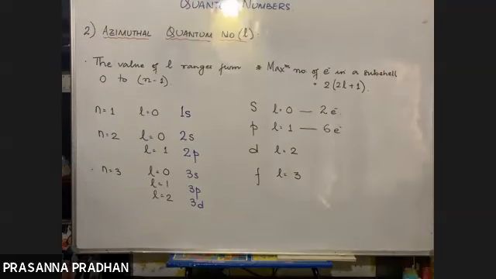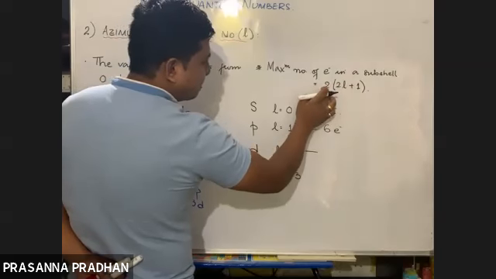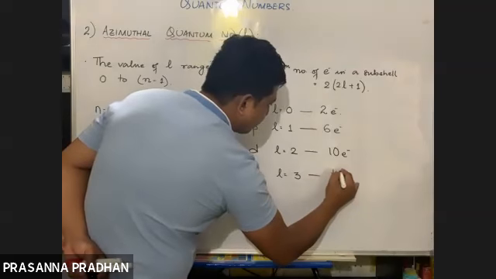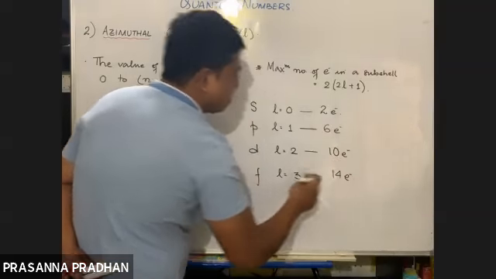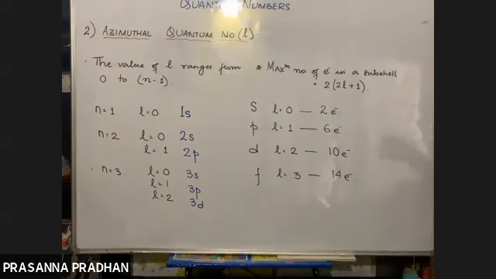D, 10. 2 times 2, 4 plus 1, 5, 5 times 2 is 10. F, 14. In F a maximum of 14 electrons can be accommodated. So 2, 6, 10, 14 increases by 4 each time.